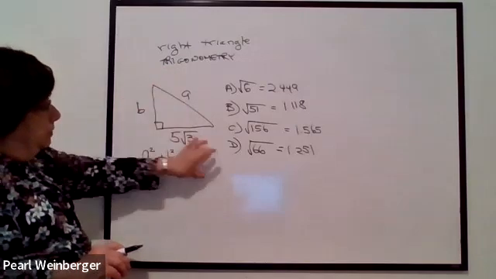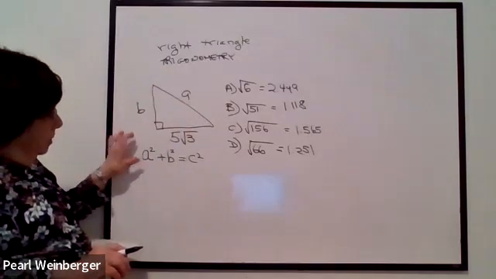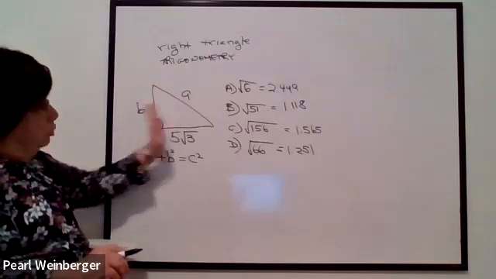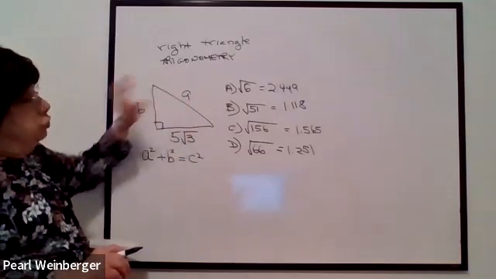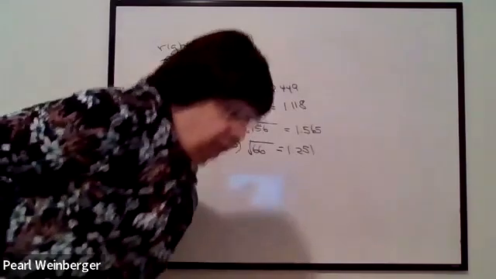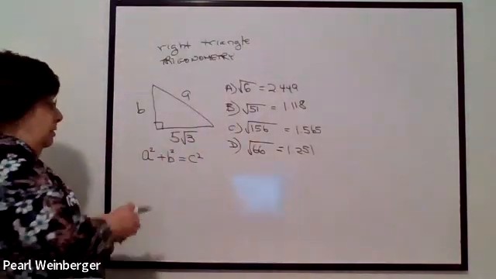We use this Pythagorean theorem when we have a right triangle, which we have, and we know two of the sides, and we want to find the third side.